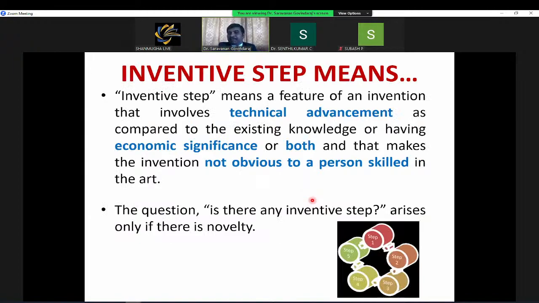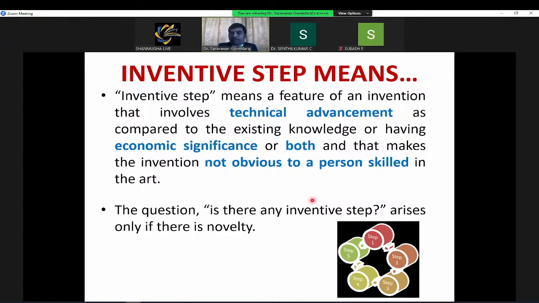Inventive step. So now if you are looking at inventive step, what does that indicate? Is there any advancement in the technique you have used, or, the most important thing, from an economic point of view? Whether it is cheaper than the available things. Some product is available.